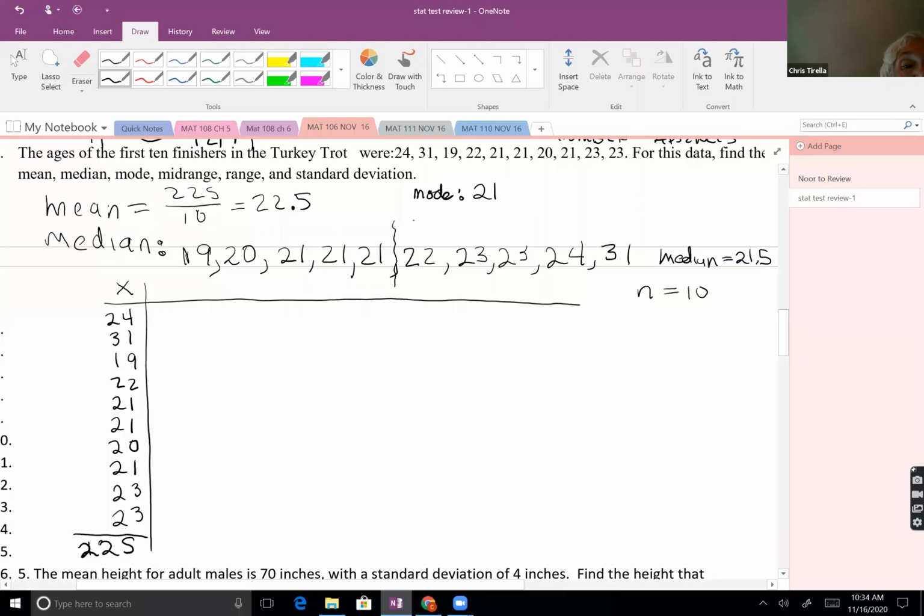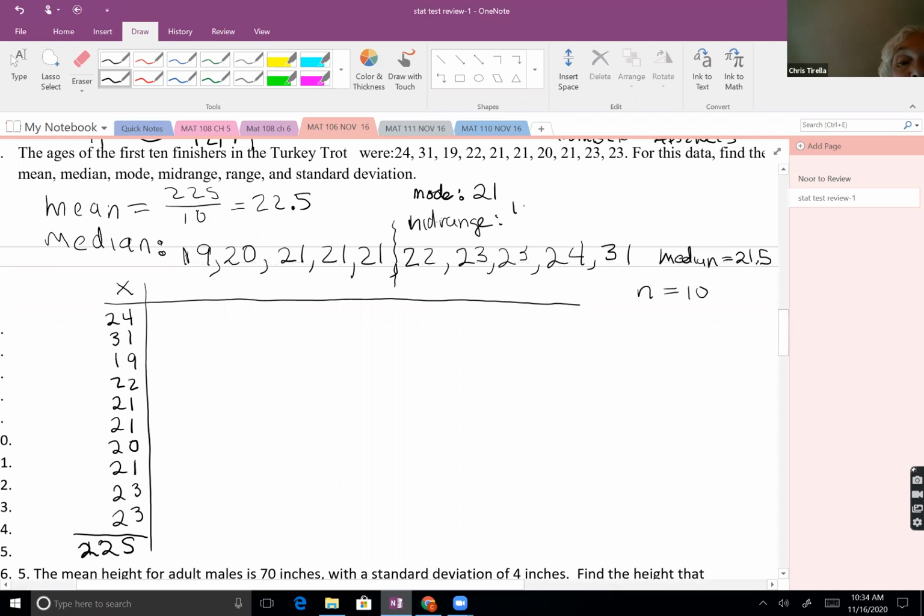What's the mid-range? 25. 21.5? And where'd you get that? No, it's 12. I thought it was 25. 31 minus 19.